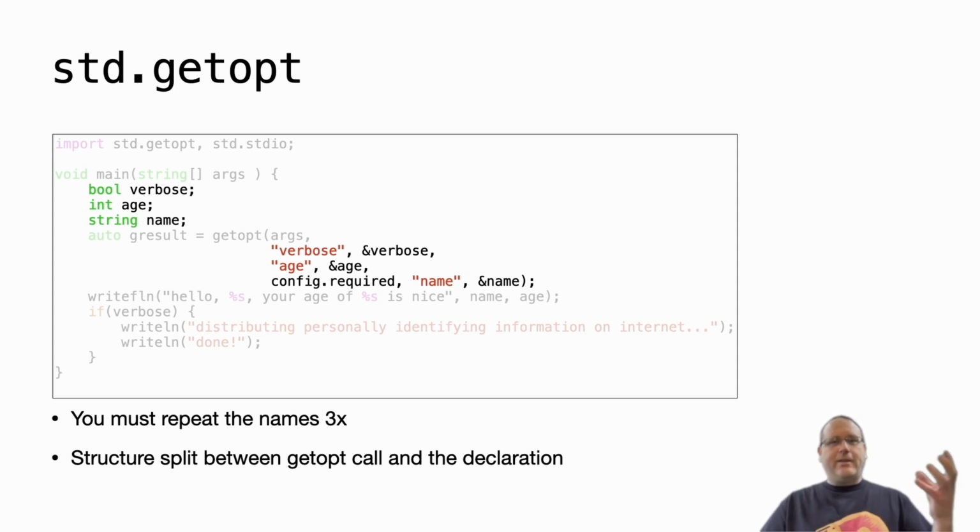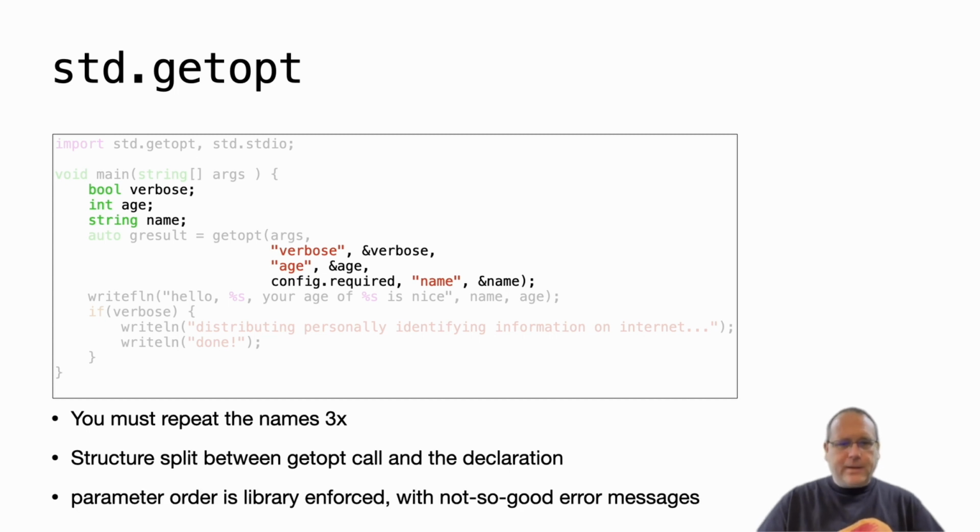So first we're declaring this thing, this model, but with no specification of which things are actually options. The mapping of the options to the values actually gets done in the getopt call. Now keep in mind, these could be far away, right? Verbose, age, name could be defined anywhere. It doesn't really matter.